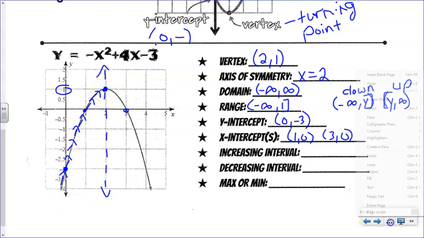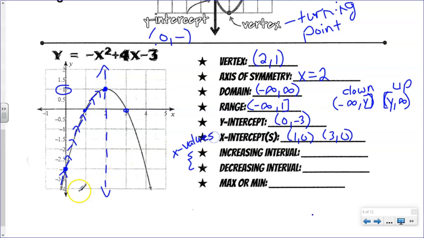In this case, we're looking at the interval of x. The increasing and decreasing intervals use the x values, because we're not asking from here to there. We're asking, is it increasing or decreasing, and what interval is it doing it in for the x values?